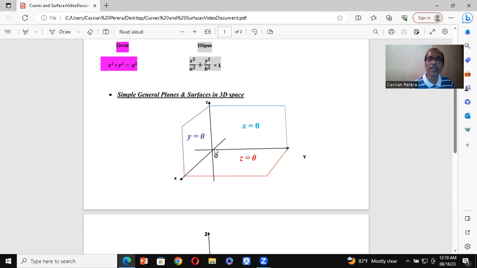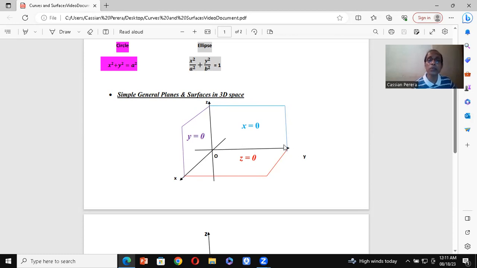If you take 1 from the origin along the x-axis and 1 along the y-axis, and z equals 0, then we get a point on the xy plane as (1, 1, 0). These are the three planes: x equals 0, the yz plane; y equals 0, the xz plane; and z equals 0, the xy plane.